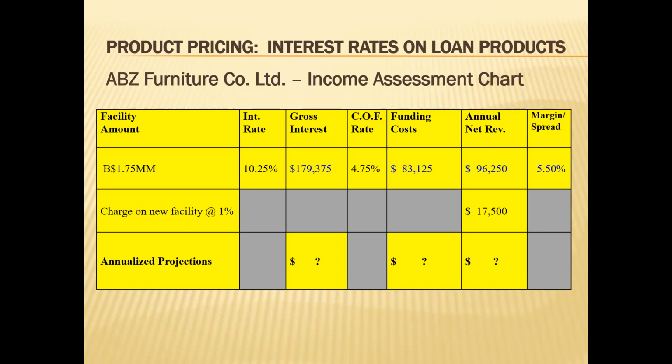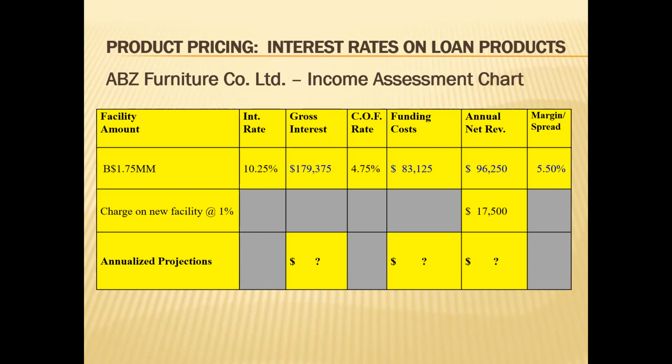Okay. So we go down to the next line we have there. Oh, that's given to us: charge on new facility 1%, 17,500. Okay, that's given to us. Annualized projections. What goes in that column?